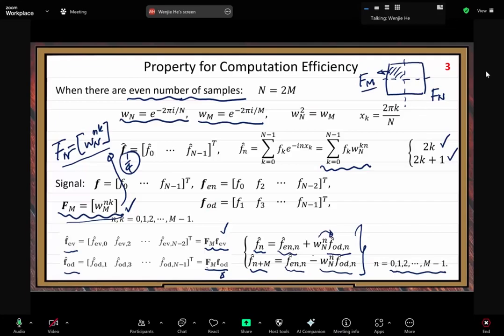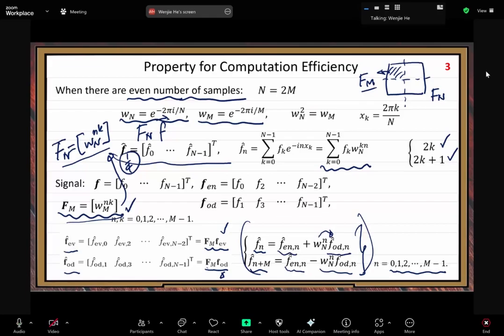Then I will explain why this is the fast Fourier transform. First, why do these formulas give us the same transform result? This formula, in this special form, should give the same result as we get from capital F N times the F vector. That's the first.